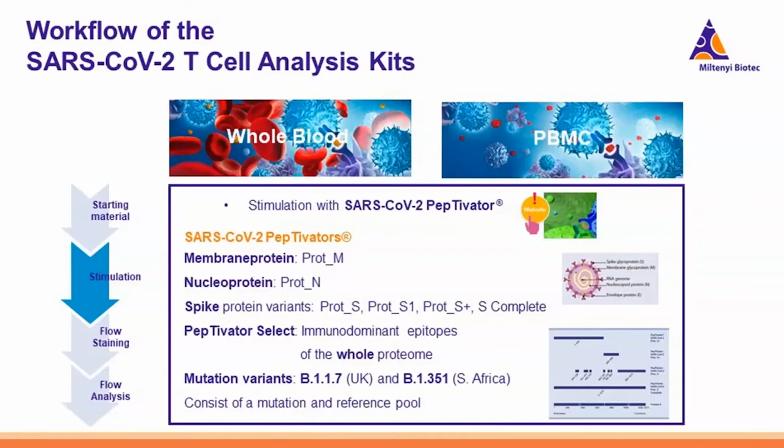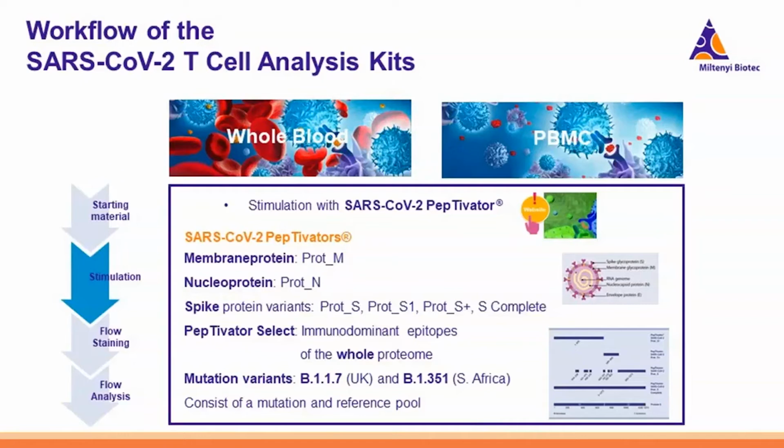Following ordinary viral evolution, SARS-CoV-2 also accumulates mutations over time, and this leads to new virus variants. Therefore, we also offer Peptivator peptide pools covering the mutation sequences of the new SARS-CoV-2 variants. So please just follow the link to get more detailed information on our peptide portfolio.